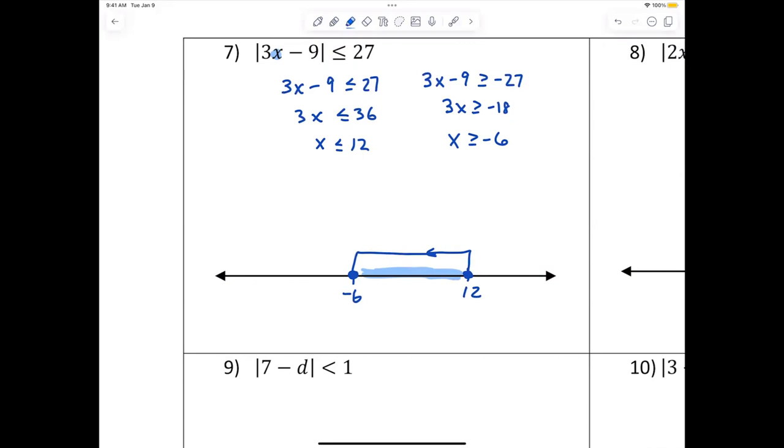Do you agree? But as soon as I pick, for example, let's say -10. 3 times -10 is -30. -30 minus 9 is -39. The absolute value of -39 is 39. 39 is not less than 27. Do you agree? See what I'm saying, right? All right. You're trying to find the solutions that satisfy that absolute value. Yes, ma'am.